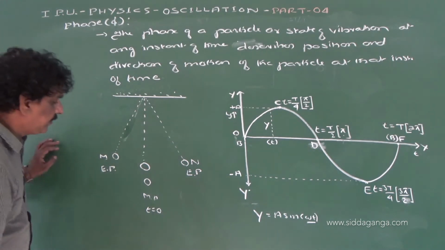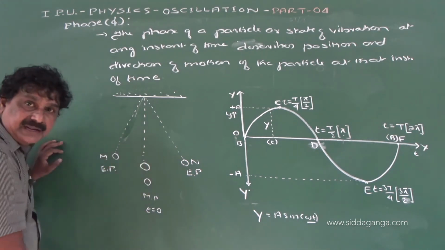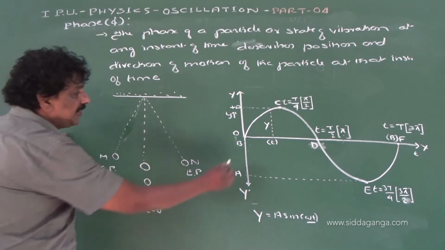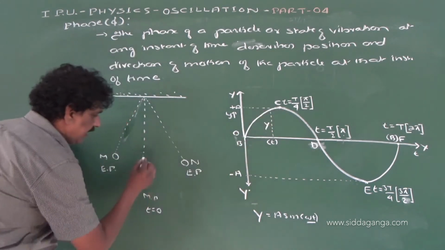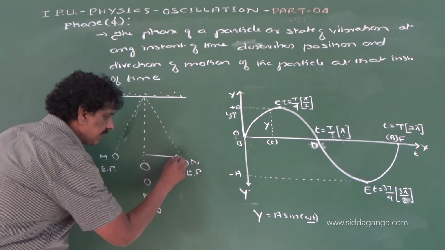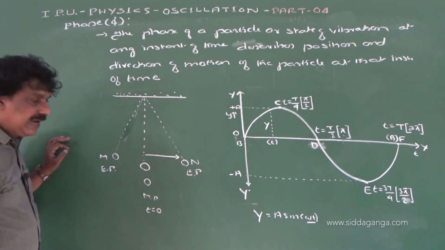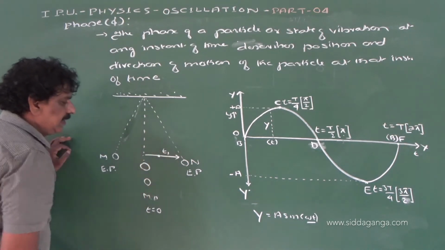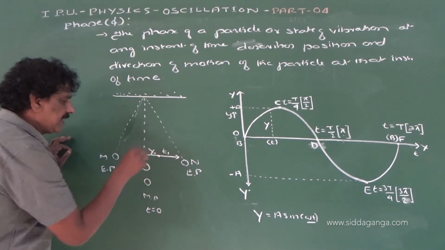When the particle is moving from O towards N, at any instant of time t1, the particle has a displacement y1.